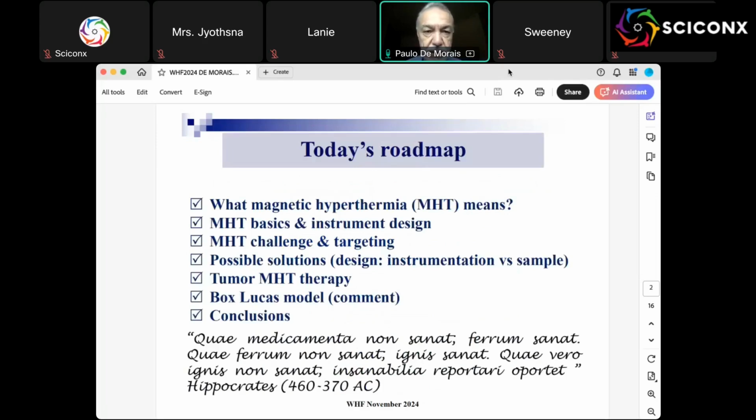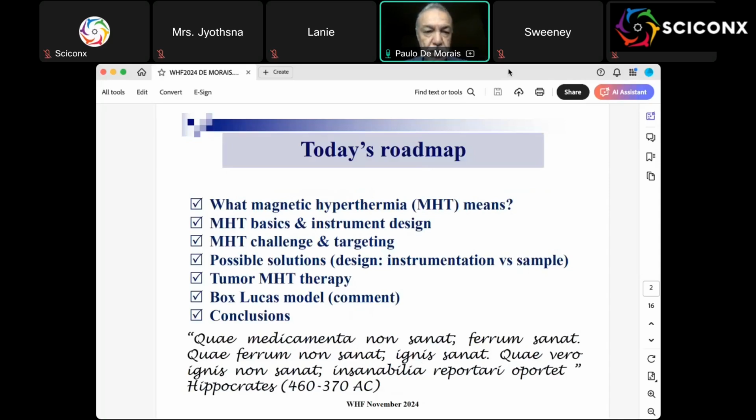I will briefly comment on magnetic hyperthermia, what that means, and then I will shortly introduce the magnetic hyperthermia basics and some details of the instrumentation design, and then I will skip to the challenging and targeting of magnetic hyperthermia.